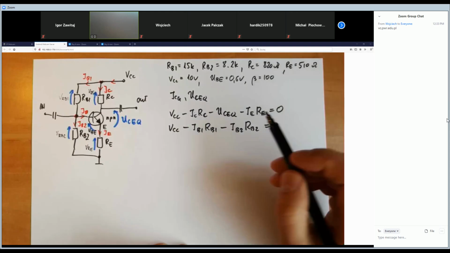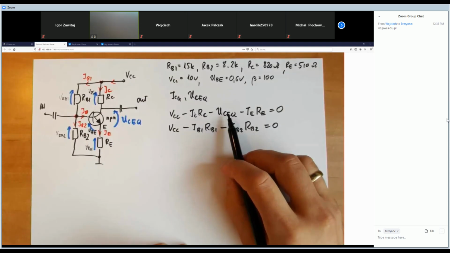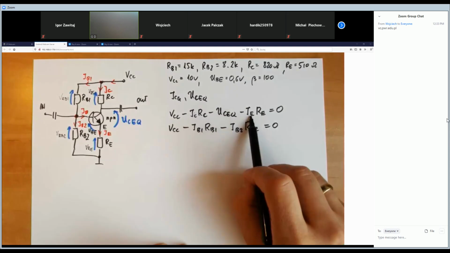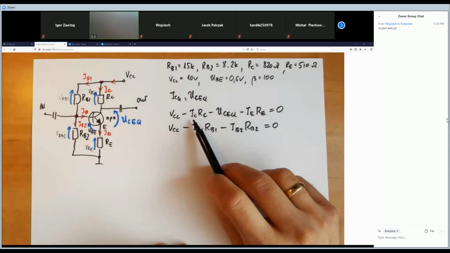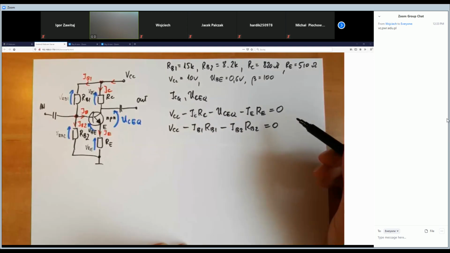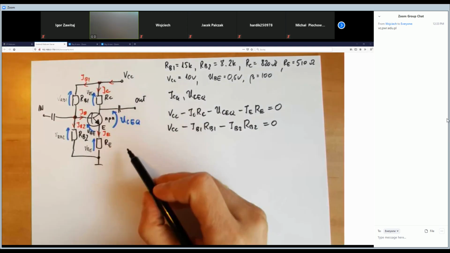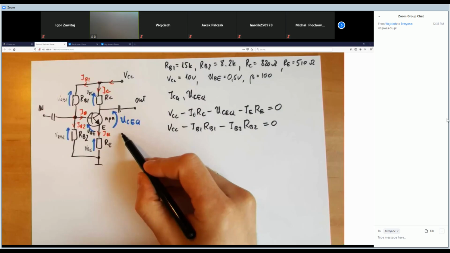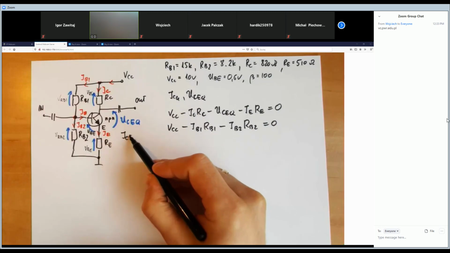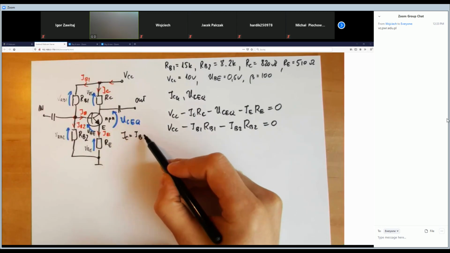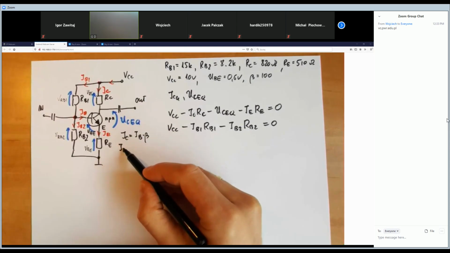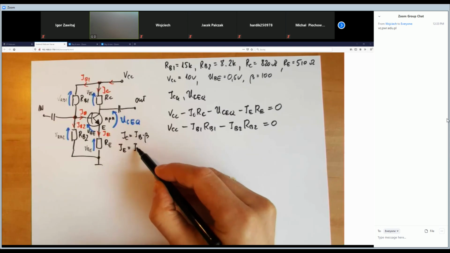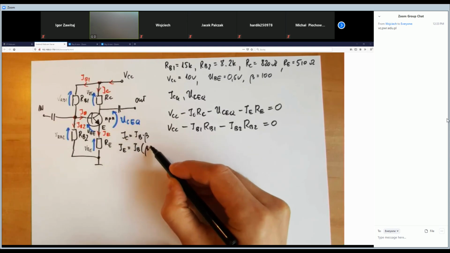We've got some unknown values: these are IC and IE. However, as you remember, the current IC is IB times beta. Current IE, as previously, is IB times beta plus 1.